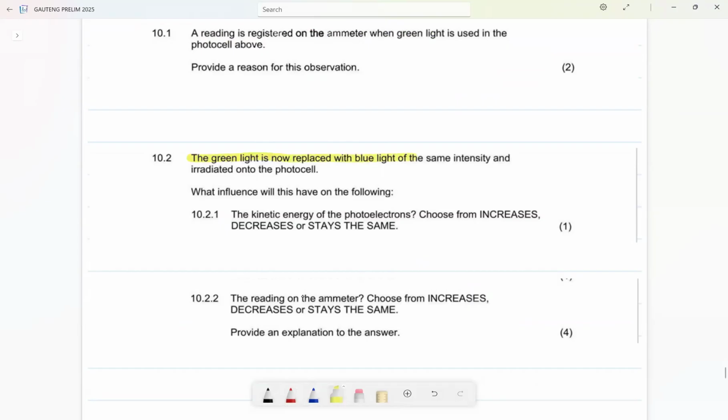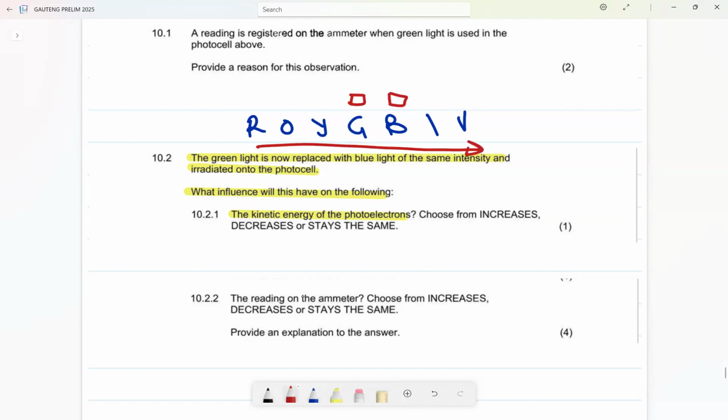10.2, the green light is now replaced with a blue light of the same intensity and irradiates onto the photo cell. What influence will this have on the following? The kinetic energy of the photoelectrons. Now let's compare. Initially they used green, and now they're using blue. Frequency increases as you move that way, and as you move the opposite way you are increasing the wavelength.